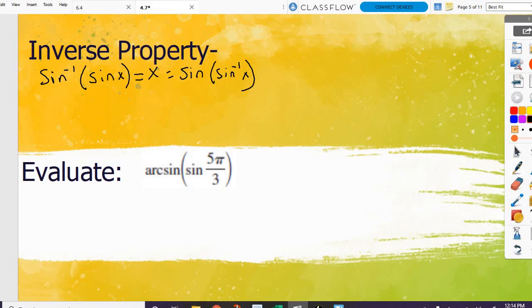Like here in the example that they give us, our arc sine and our sine would undo each other. So we get 5 pi over 3. The only problem is 5 pi over 3 is not in that range that we had, right? So they still have to be between negative pi over 2 to pi over 2. But 5 pi over 3 is in which quadrant?